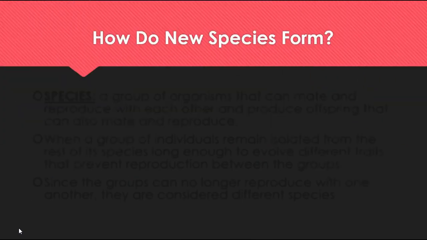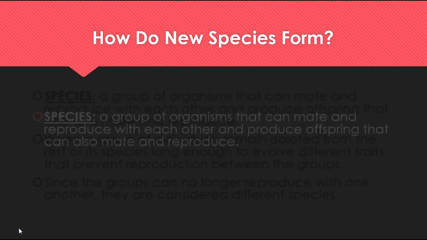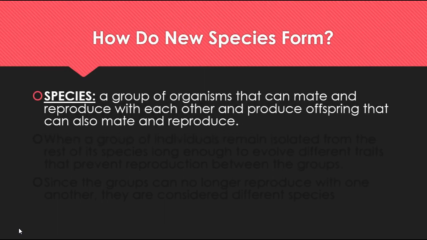So how do new species form? Well, if you'll recall from previous lessons, a species is a group of organisms that can mate and reproduce with each other and produce offspring that can also mate and reproduce.